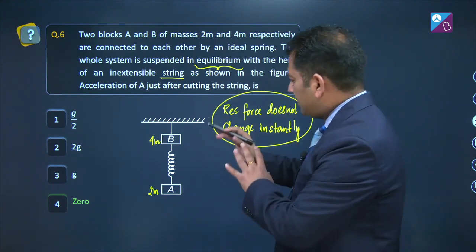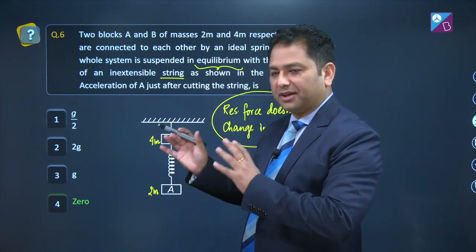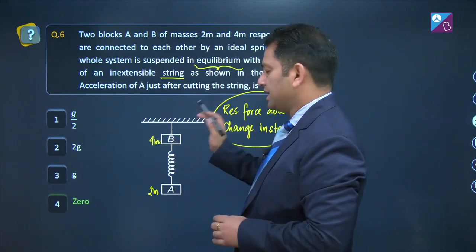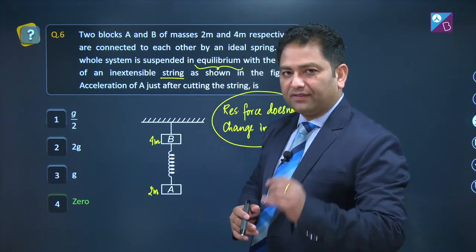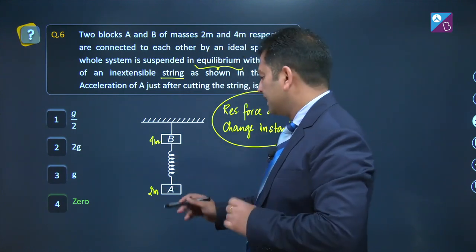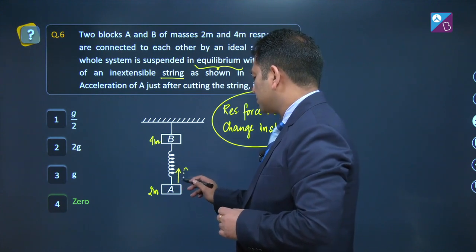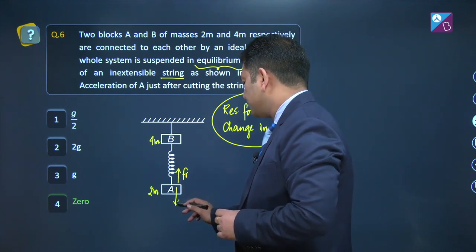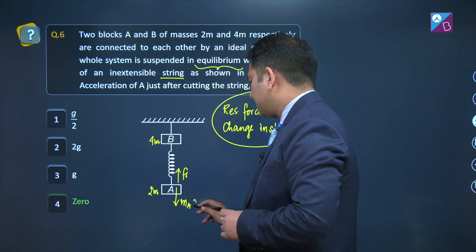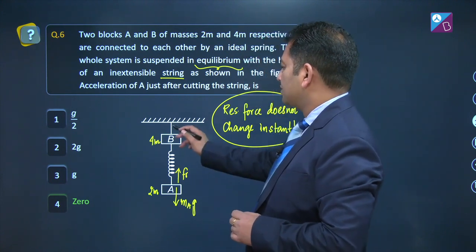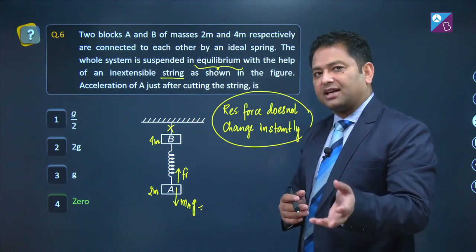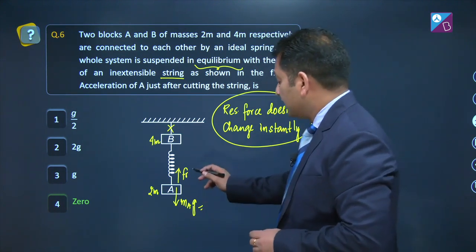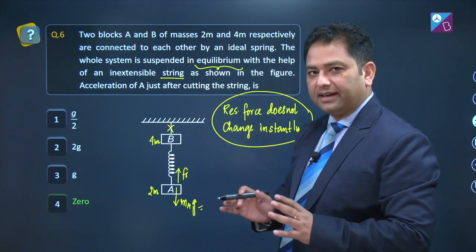All right, this does not require calculation. Look, the tension changes, fair enough. But as far as the free body diagram of A is concerned, A gets two forces. One is the restoring force, other is mg, so m of A multiplied by g. Now see, you cut the string, इसमें तो कोई change नहीं आएगा, weight जितना है उतना ही रहेगा, और restoring force ये भी उतना ही रहेगा.